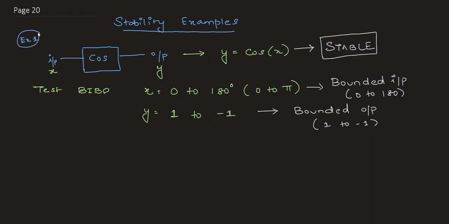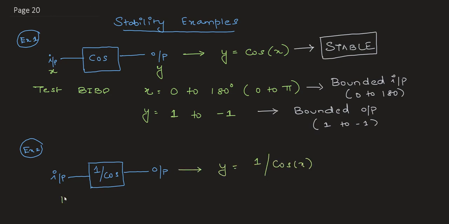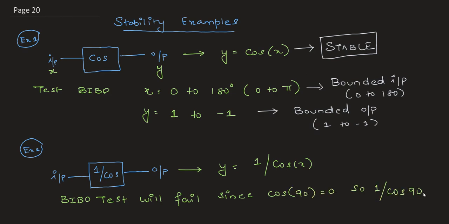Good. So this is my first example, and next we have example 2 where I'm going to do a slight alteration to this system. I'm going to take 1 by cos as my system function. So now my output is given by 1 by cos of x, and let us see for the same set of input between 0 to pi, my system will fail the BIBO test because cos 90 is 0 and 1 by cos 90 is infinity.